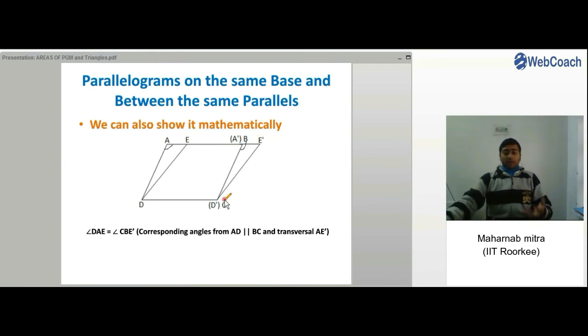So AD is parallel to BC, and if we take AB as the transversal, or AE prime as the transversal, angle DAE and angle CBE prime are corresponding angles which are equal.